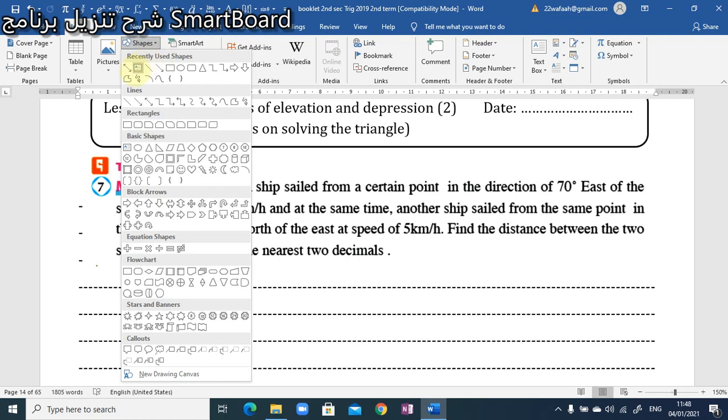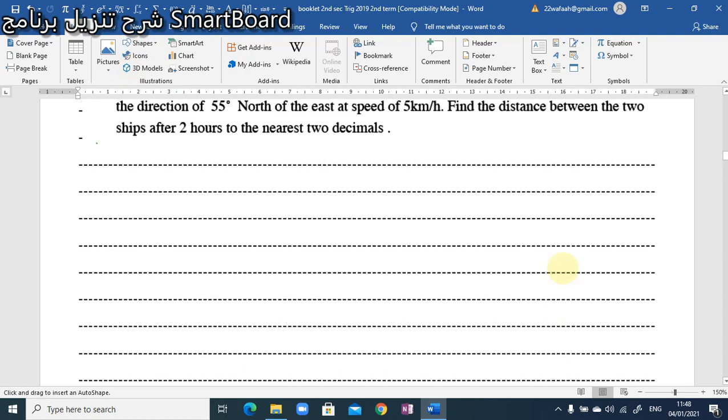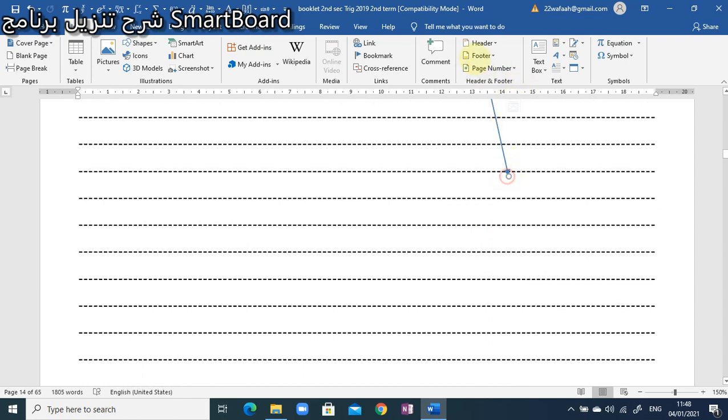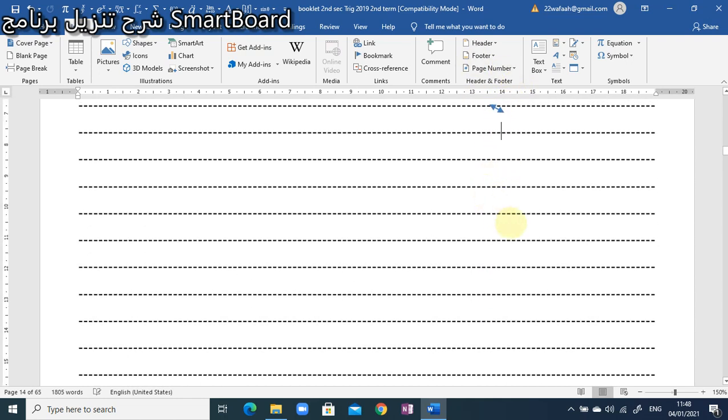First, we must draw the directions. We have the x-axis here and the y-axis. This is the y-axis and this is the x-axis.